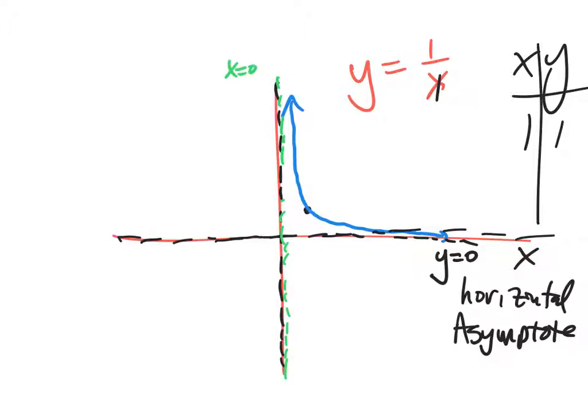And it's also an up and down line. What's the name for that? Vertical. And last but not least, it's called a vertical what? Asymptote. A-S-Y-M-P-T-O-T-E.